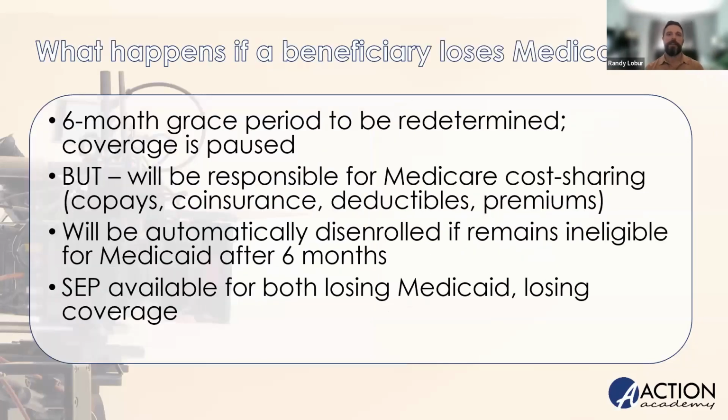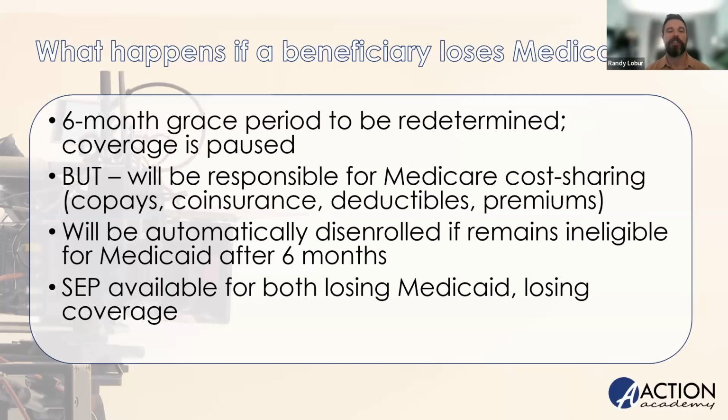All that said, there are some weird things that can happen, especially with Medicaid redeterminations coming back into play here. When someone does lose Medicaid or loses eligibility for their Medicare savings program, they do have a 6-month grace period to be redetermined. But during that time, their DSNP coverage is paused.